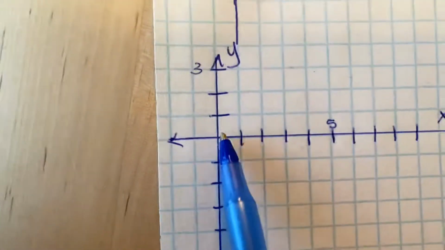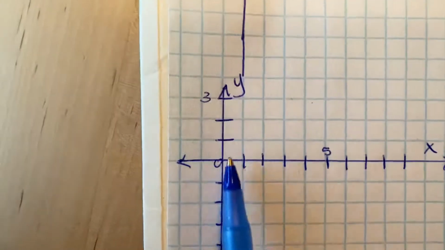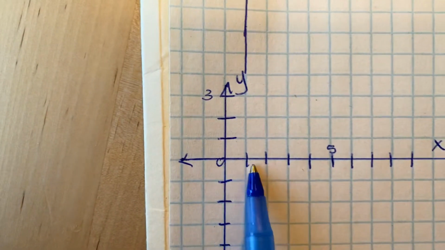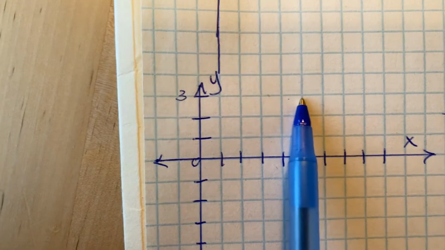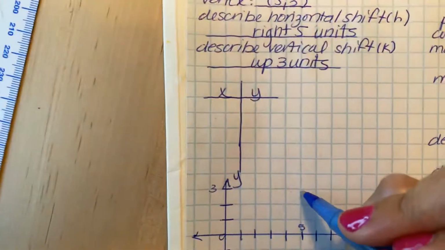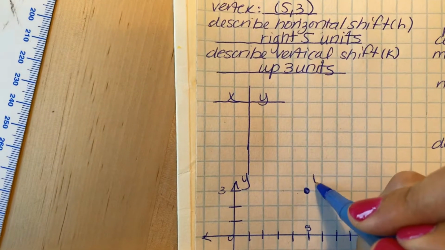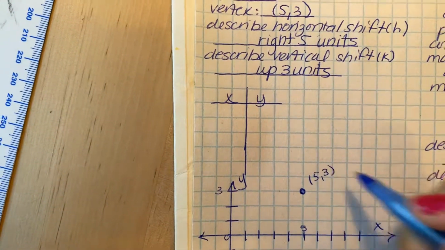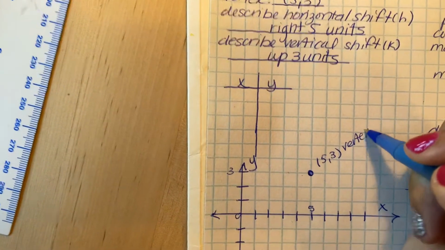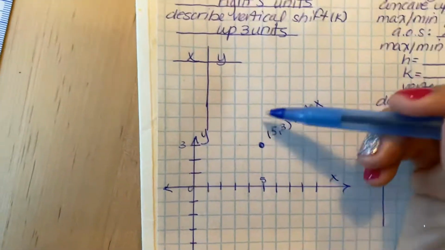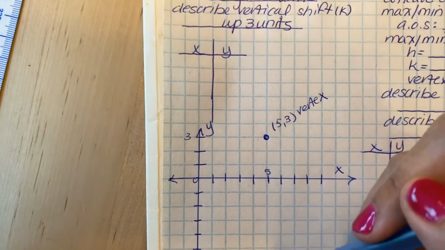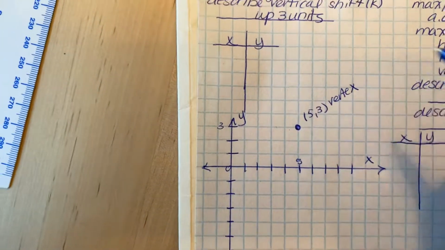So, I mean, we'll get to the XY table, but if this is my origin, right? That's why I have the 5 and 3 ready to go. I would go right 5 units, 1, 2, 3, 4, 5, and then I would go up 3 units. And this is the location of my vertex. This is my (5, 3) vertex. And then you already know that my axis of symmetry is going to be this dashed line coming right through here.